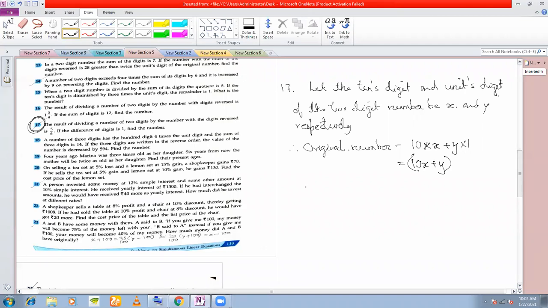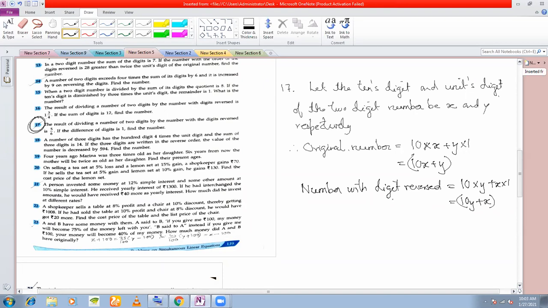What is the number with digits reversed? 10 into y plus x into 1, which is 10y plus x. Fine.